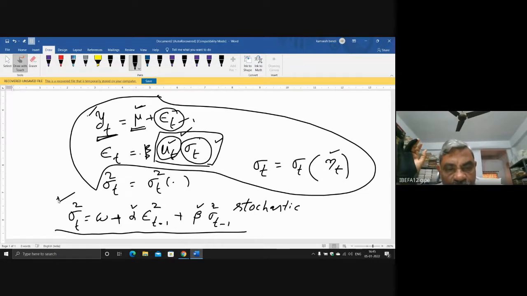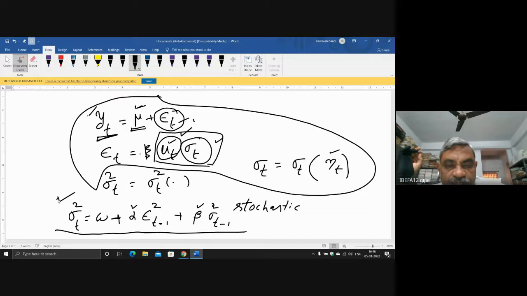A measure of that is given by alpha. Then coming to beta, we are visualizing that the current volatility is also influenced by its own previous level, and beta measures that.